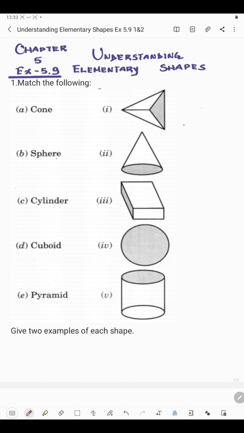Now suppose this. What is it? It's an ice cream, right? So this is called a cone. It looked like this, and when inverted, it looks like this.